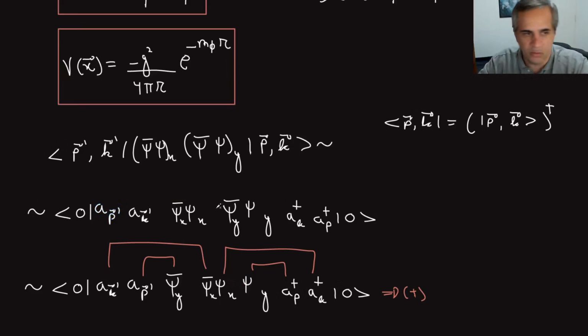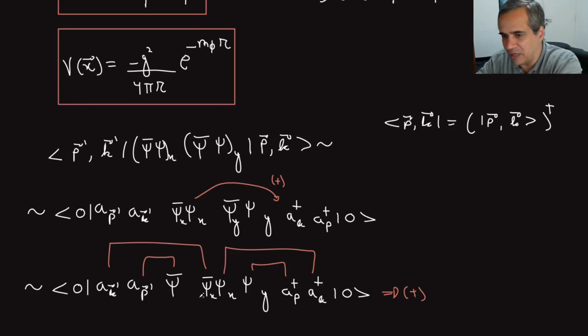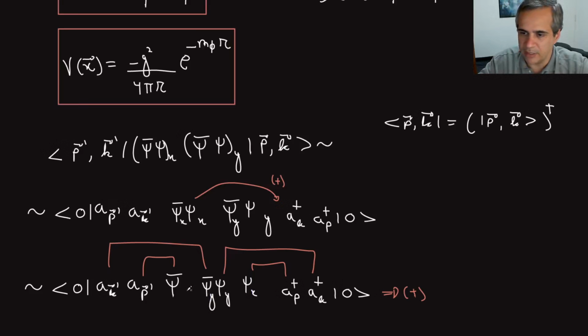In fact, I can now do this. I can bring this guy over here, and then the contractions would look like this. The x's now are on the edges. This is a plus. It will be the same as taking this thing here and doing the opposite. Put x, y, y, x, now with the A and A daggers exchanged.